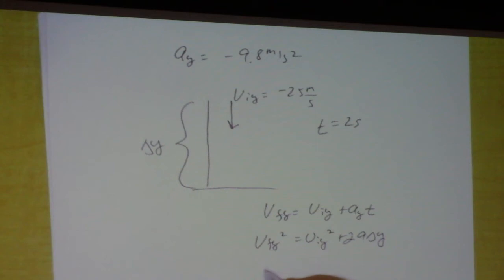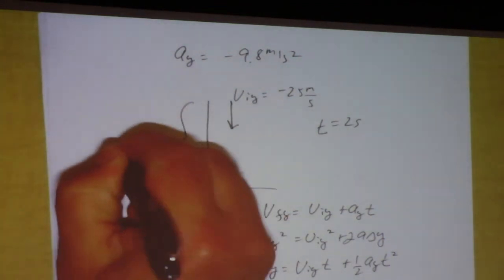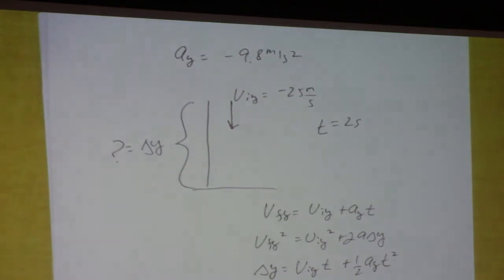And then finally, delta y equals initial velocity in the y times time, plus 1/2 at squared. Those are the tools we have to work with. And we're trying to figure out delta y. This one probably comes to your eye the quickest, right?